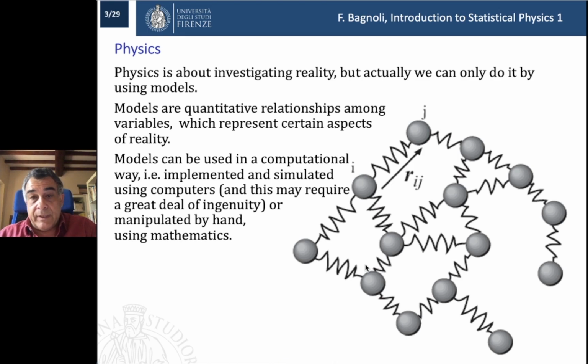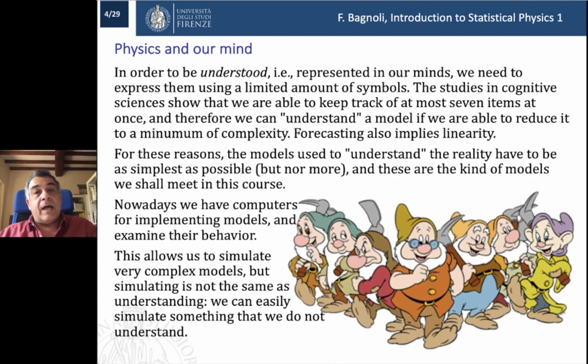Clearly we know that our mind is limited, and a lot of different experiments and measurements reveal that we can manipulate only a very small number of symbols. For instance, the magic number is about 7. So if we try to manipulate more than 7 items at once, or to play a game that implies more than 7 things to control, we are lost.